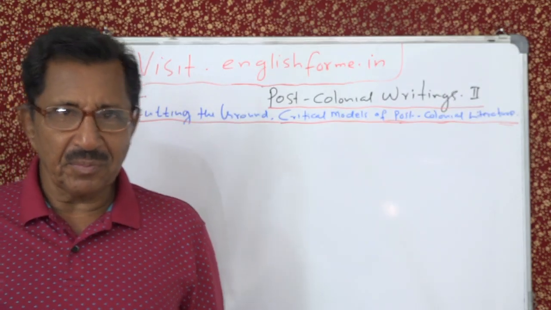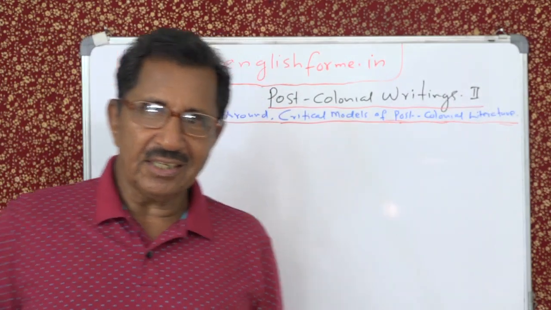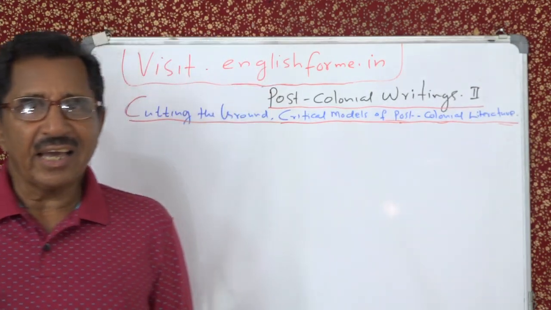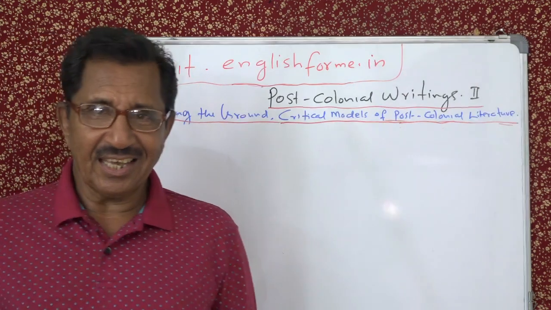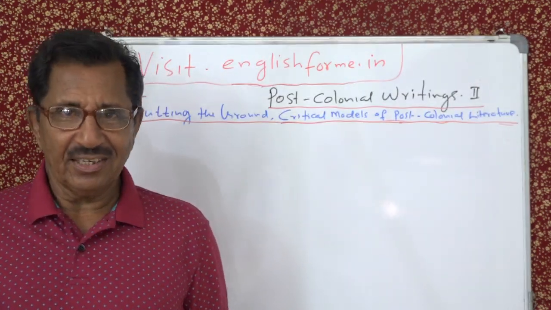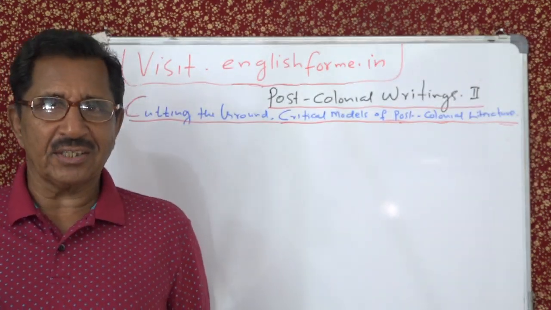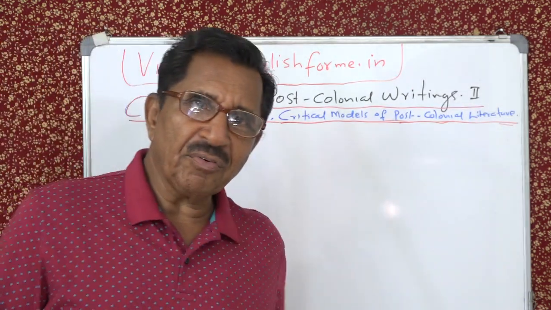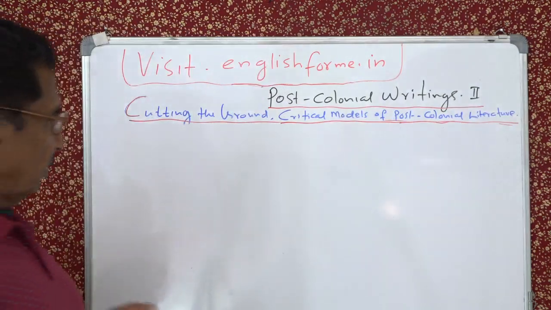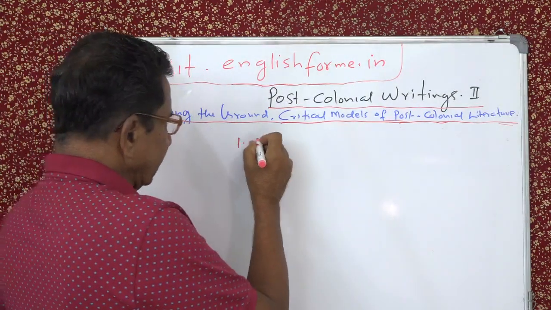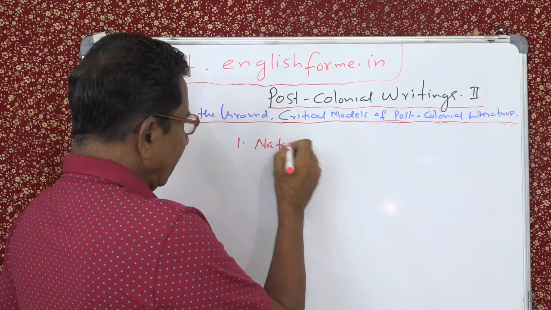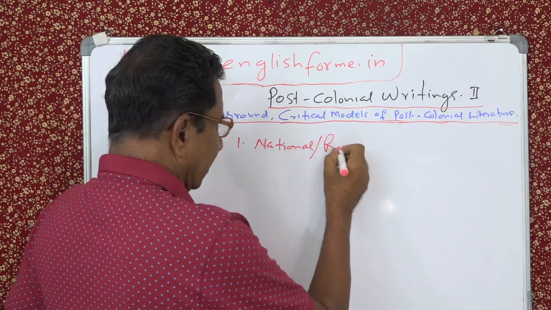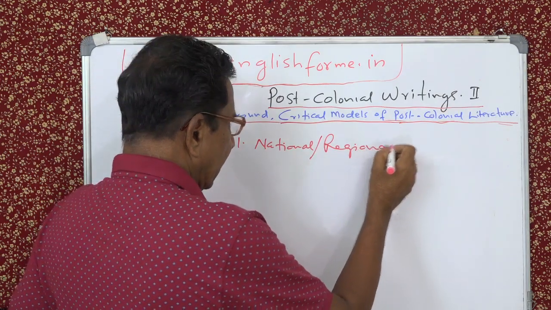Therefore, the three authors that we have seen, the triumvirate we can say, Bill Ashcroft, Gareth Griffiths and Helen Tiffin, have proposed four models to approach this post-colonial literature. The first one is national or regional, national and regional.